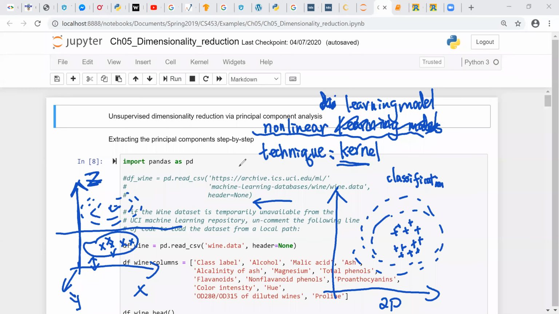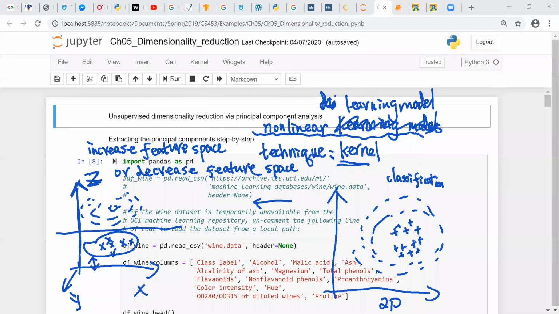So the question is, does kernel technique increase feature space or decrease feature space? You're going to increase feature space. Very good, super good.